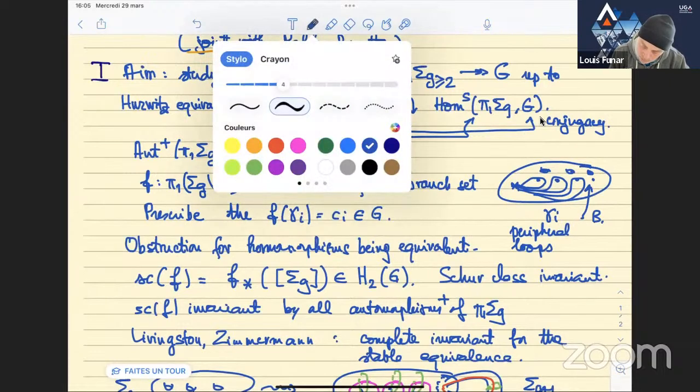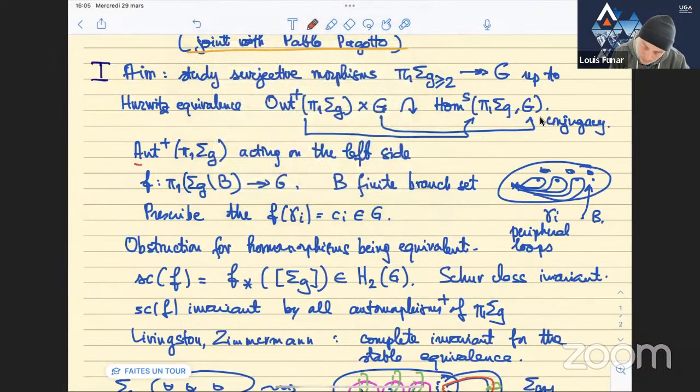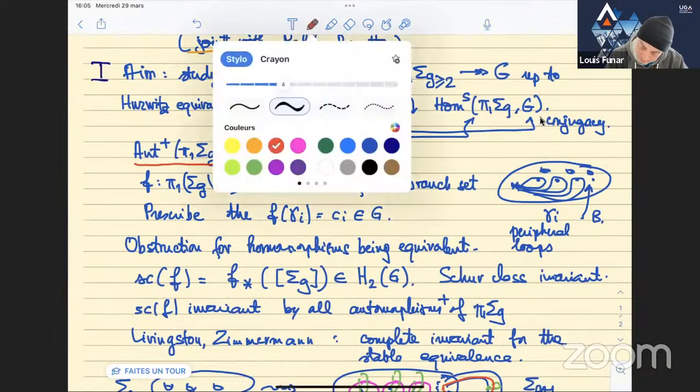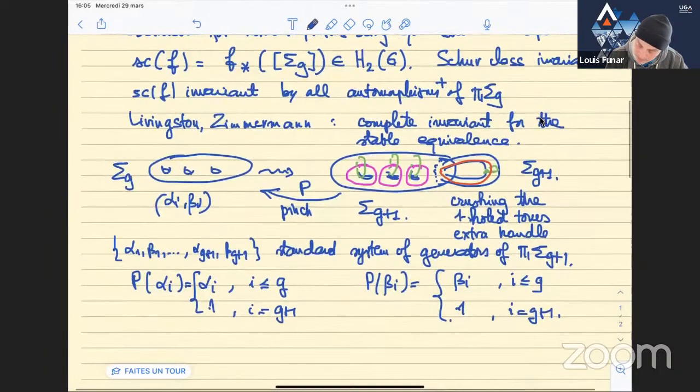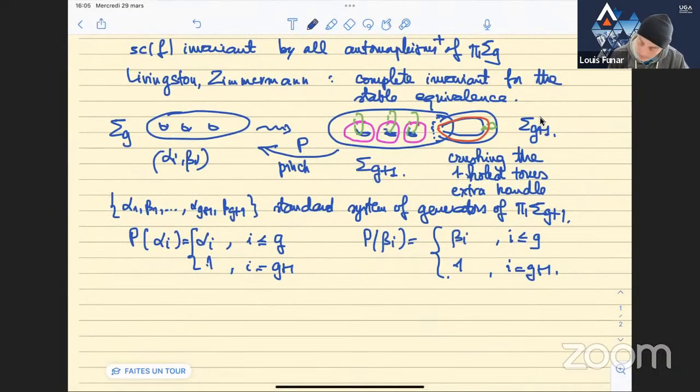In fact, one of them is proven for the automorphism and the other one for this one, but it's basically the same theorem. It doesn't change very much. One is a little bit more precise than the other. They are equivalent if and only if they have the same Schur class.